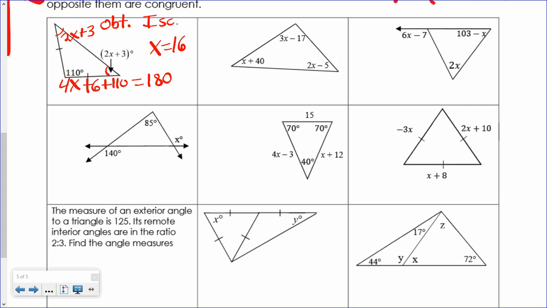Right? So I had two theorems in it, the isosceles theorem and the triangle sum theorem. How do I solve for x in this next one? Just add them all together, so that equals 180. 3x plus x plus 2x, and then 40 minus 5 minus 17.